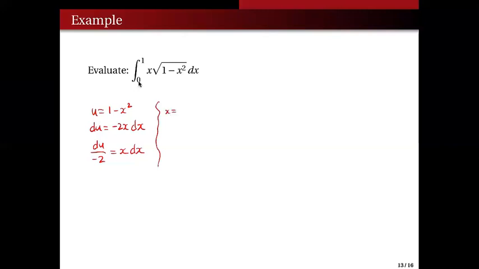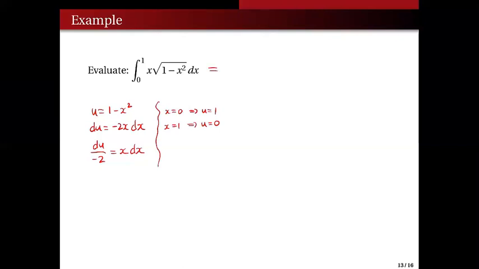Lower limit of integration, that's 0. So x equals 0 implies u equals 1 minus 0 squared, so that's 1. x equals 1, that's the upper limit of integration, implies u equals 1 minus 1 squared, which is equal to 0.